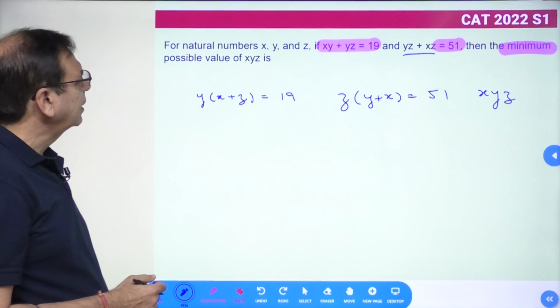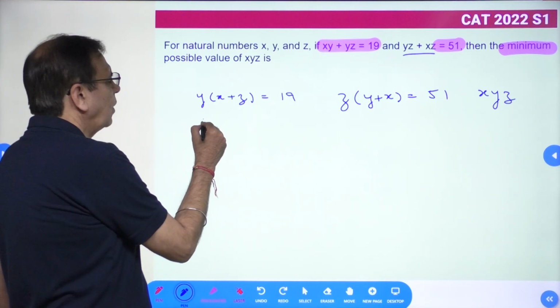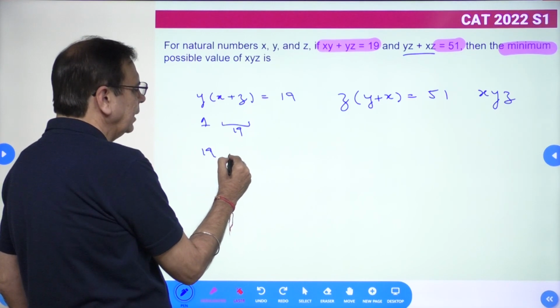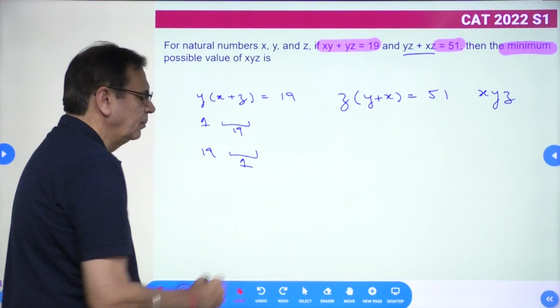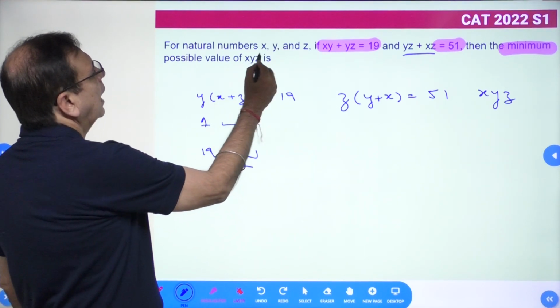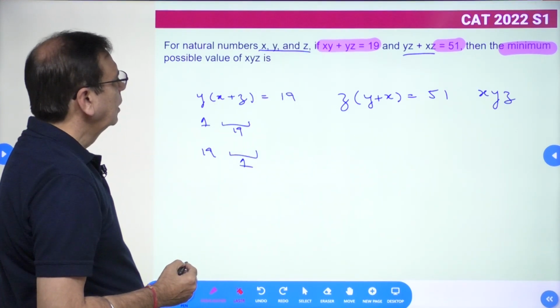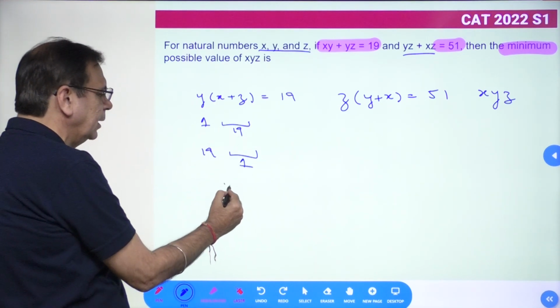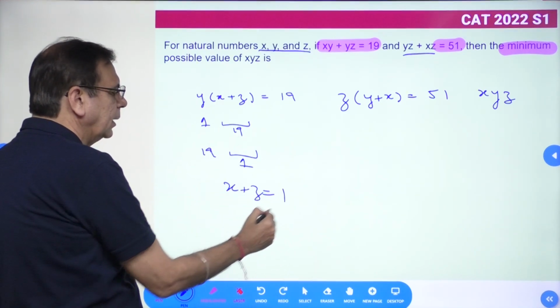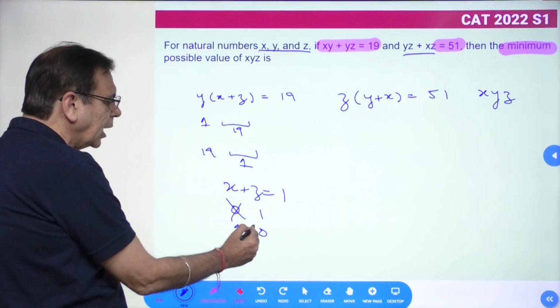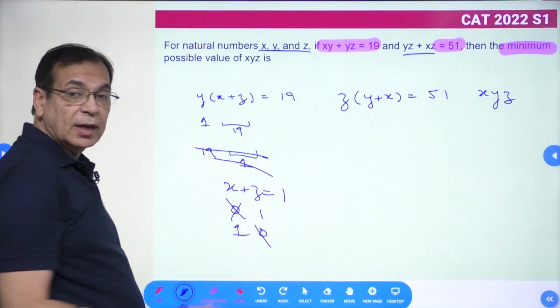So let's start making the cases. If y is 1, then x plus z will be 19, and if y is 19, then x plus z will be 1. But can x plus z be 1? No, because these are natural numbers. If x plus z is 1, it would have to be 0 and 1 or 1 and 0, but 0 is not a natural number, so this case goes away completely.